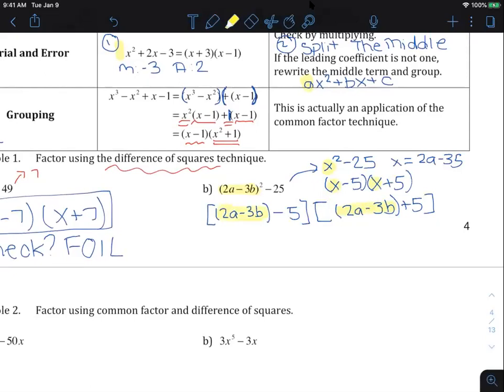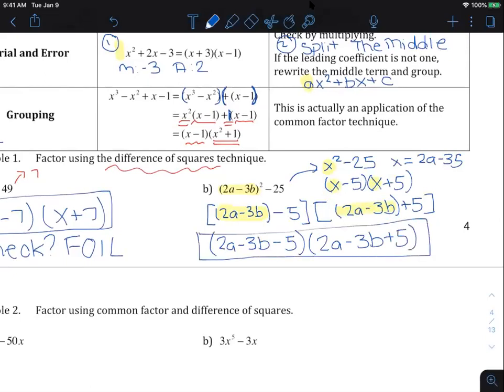I replaced those x's with 2a minus 3b in the difference of squares formula. And then I would just go ahead and we can simplify that a little bit. There's no terms that you can combine, so I'm just going to write it like this. So you would look to combine, but there's nothing. There's no like terms. We want to keep it in factored form. Do not multiply that out. Your answers are in factored form.